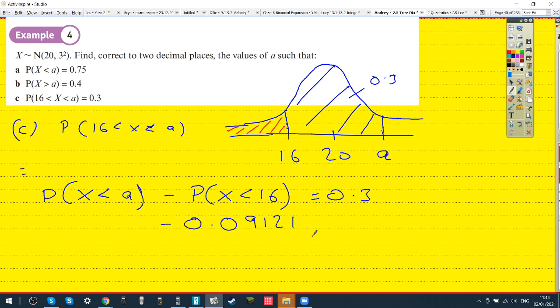That's 4 sig fig. 9121 1. Yep. And so the probability that x is less than a minus that gives us 0.3. So I just do 0.3 plus that then. Yeah. So that's 0.391211. And so how do we now get a?